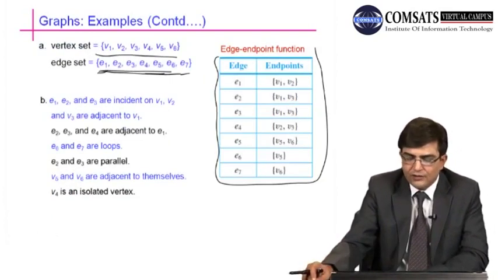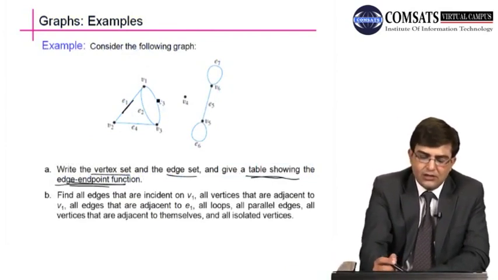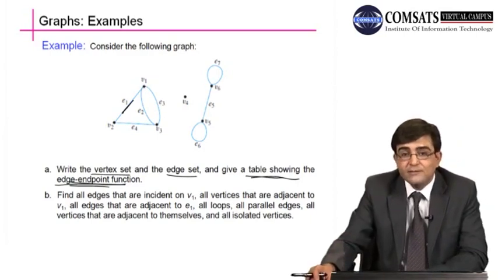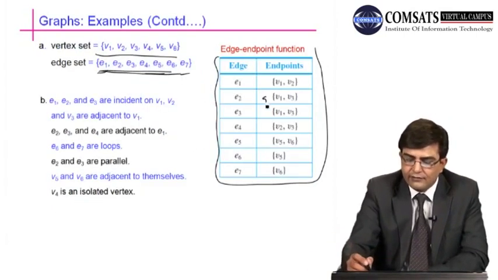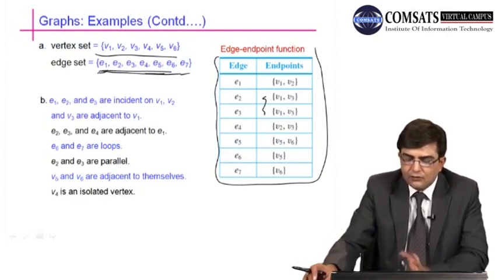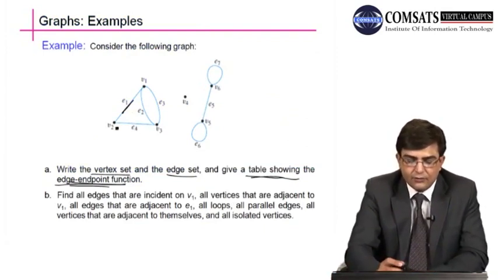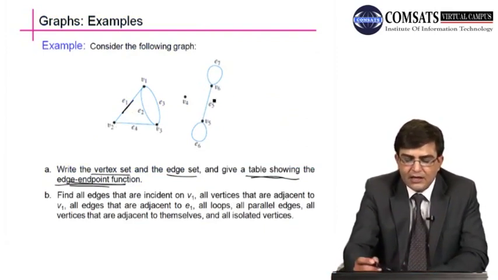Edge E3, you can see that E2 and E3 are parallel edges. So the endpoints of E3 are also V1 and V3. Similarly, the endpoints of E4 are V2, V3. The endpoints of E5 are V5 and V6.